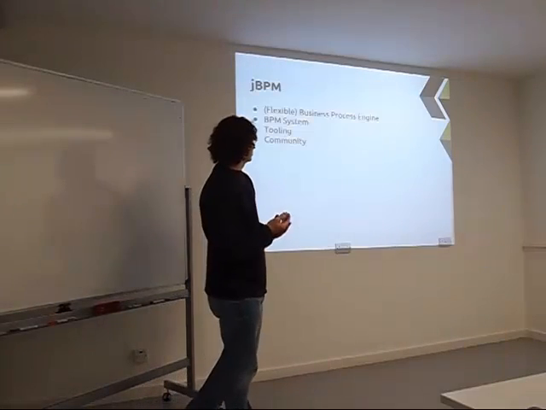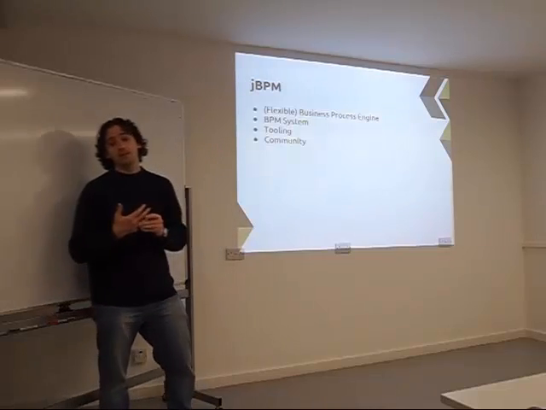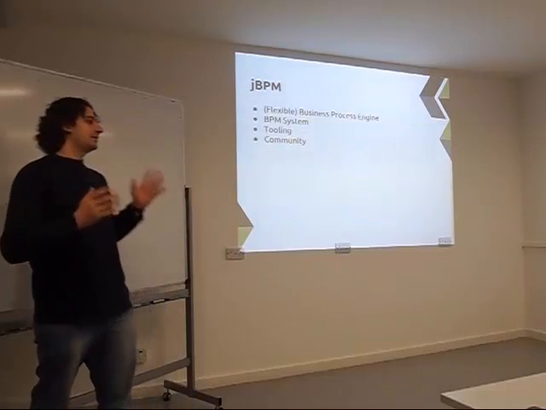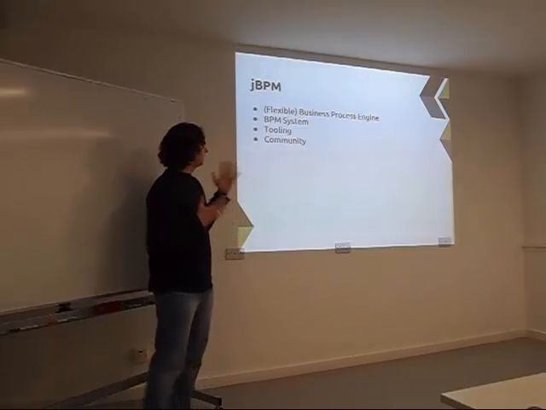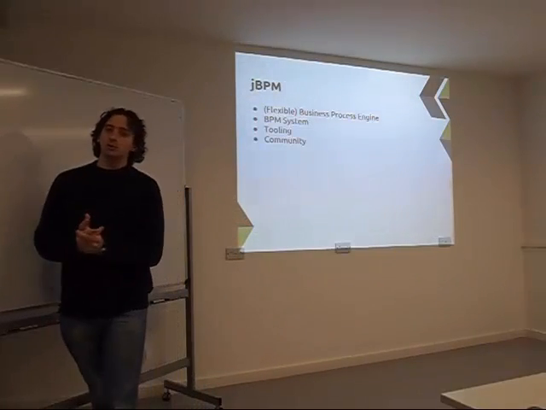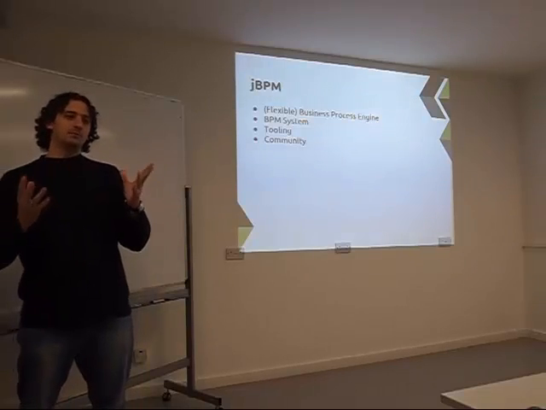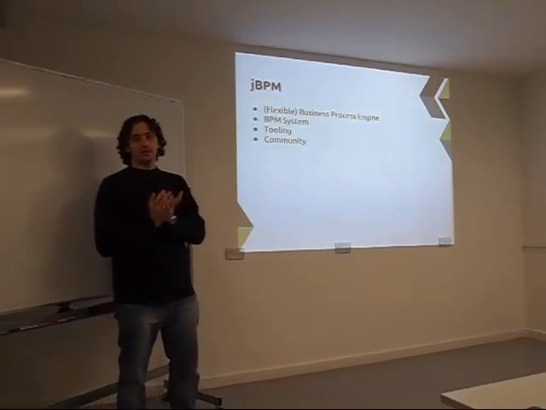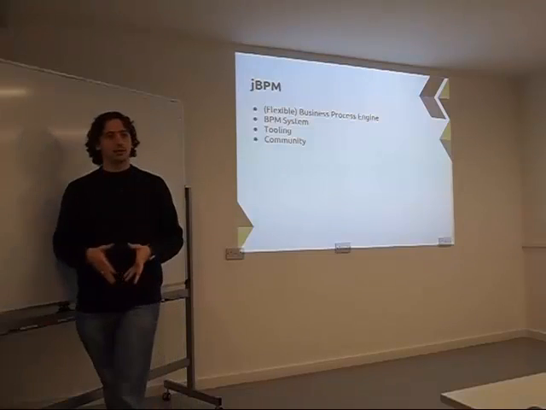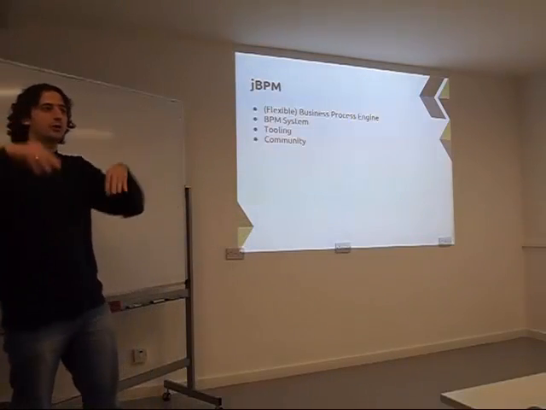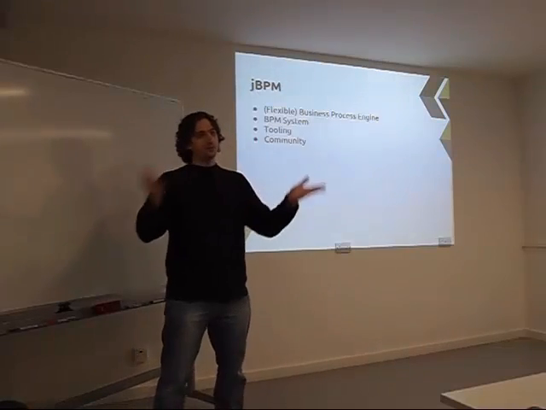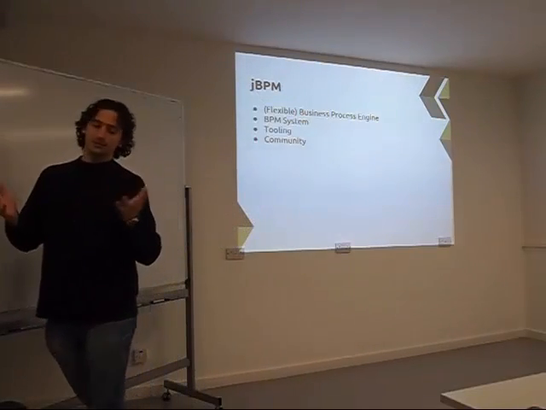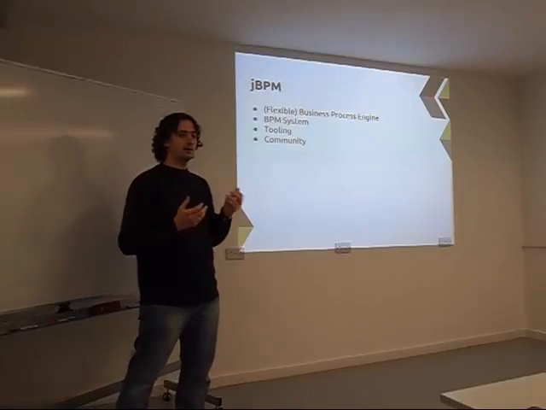Okay, let's continue. So what is JBPM? And there is a good question, because JBPM is a flexible business process engine. And what do I mean by flexible? Flexible is that it is not a monolithic application that you deploy in your application server, then you put all your processes there and you launch the process and start interacting with it. You can use it that way if you want, using this JBPM console that we are going to talk about later.